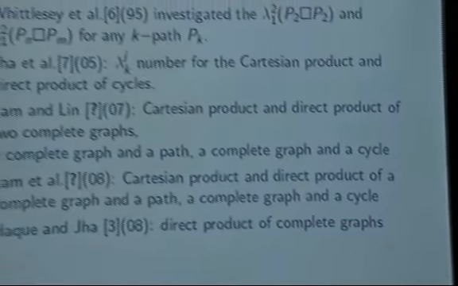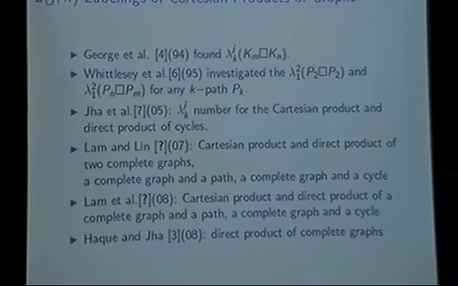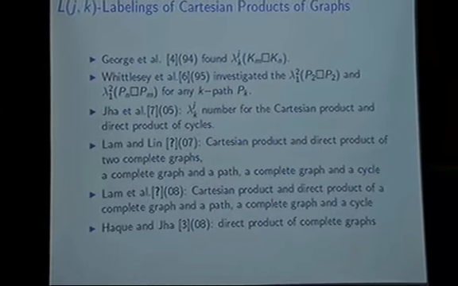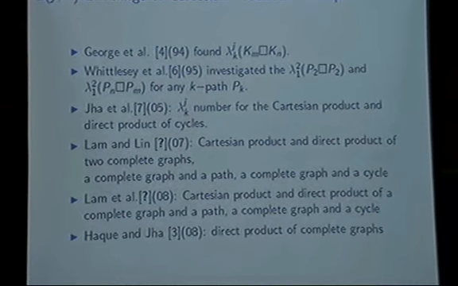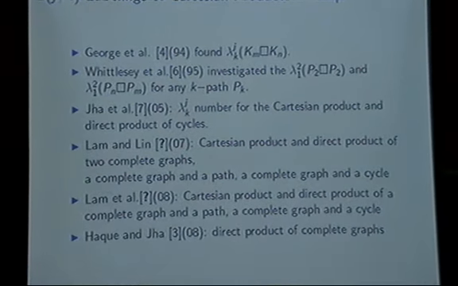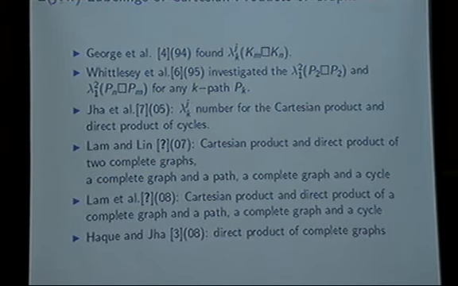Okay, George et al. found the lambda_{j,k} of the Cartesian product of K_m and K_n, those are complete graphs of order m and n. And Whittlesey et al. investigated those. So actually, I told you that there are results about paths, cycles and trees.